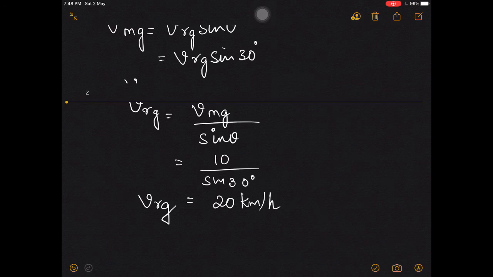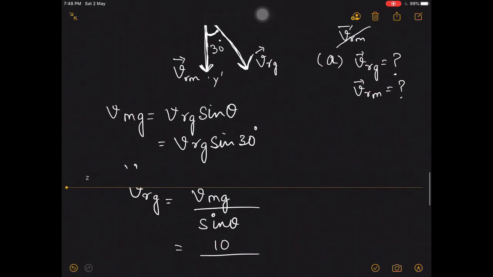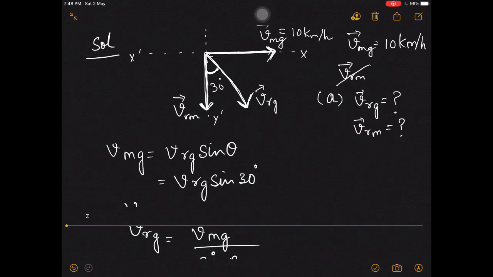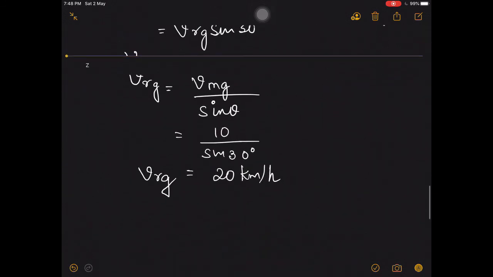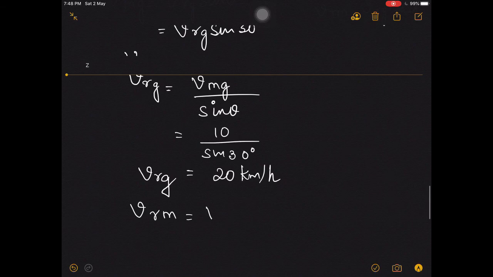Now what else do we have to find? We have to find VRM. Again, if this is VRG and this angle is 30 degrees, VRM will take the cos component. So VRM is equal to VRG cos 30 degrees.